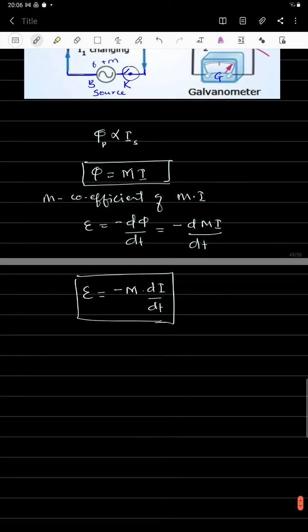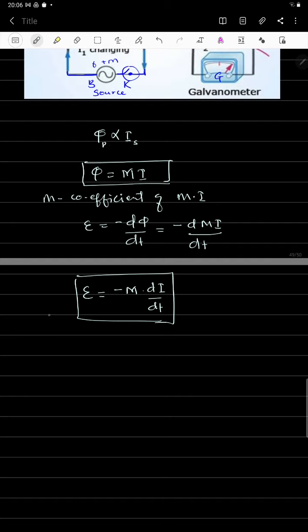We can define the mutual induction between a pair of coils as numerically equal to the EMF induced in one coil when the rate of change of current through the neighboring coil is unity.